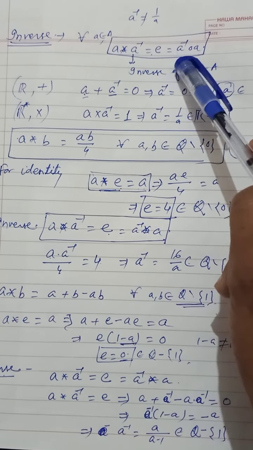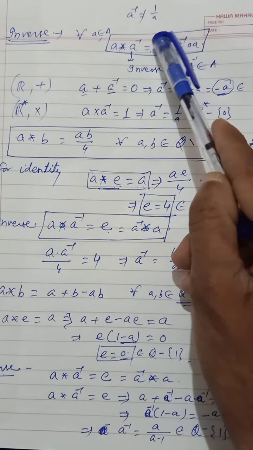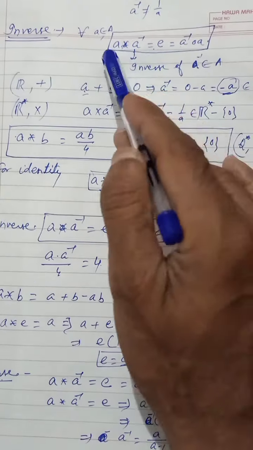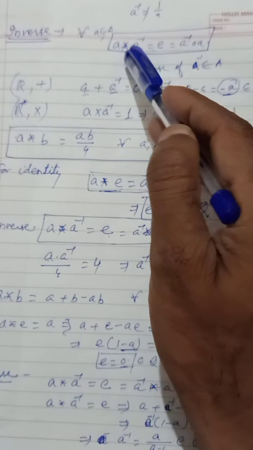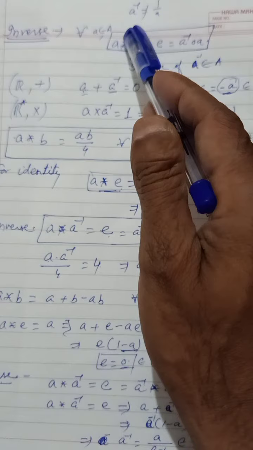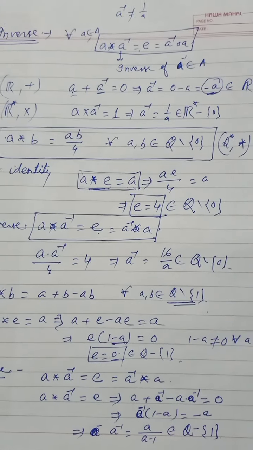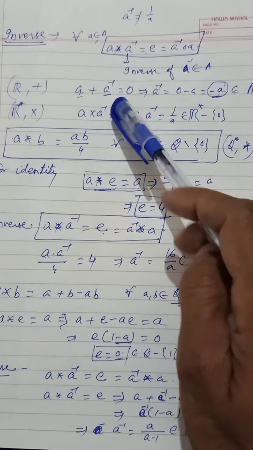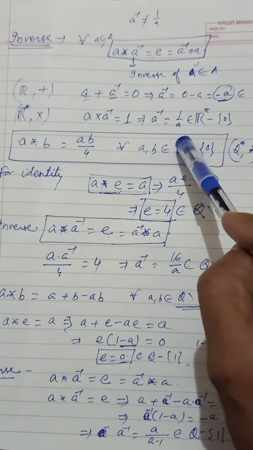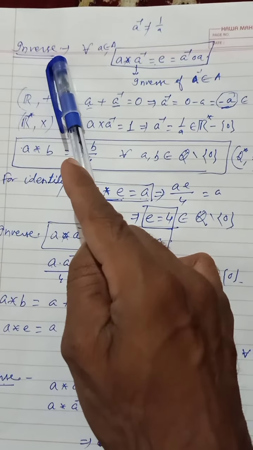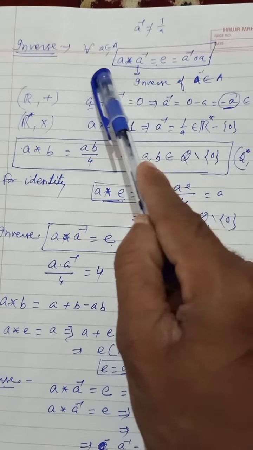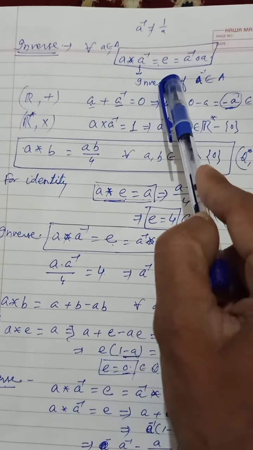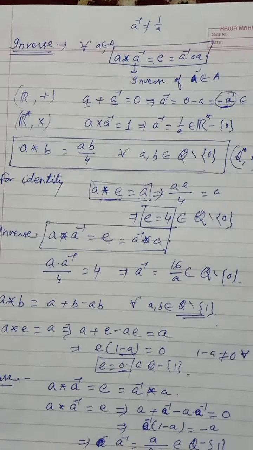Otherwise, A inverse operated on A again gives the identity. If this definition is verified by an element A inverse, then we say that this is the inverse of the given set A. Okay. So when we have to find the inverse, we use this definition. By this definition, we can find the inverse element.